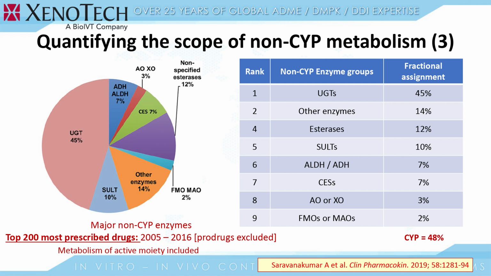Alcohol dehydrogenase and aldehyde dehydrogenase make up 7%, as do carboxylesterases. And rounding out the list would be AO and XO enzymes, followed by FMOs and MAOs. Now again, CYP enzymes are still responsible for close to 50% of the metabolism of the top 200 prescribed drugs, and in this case, making up about 48%.